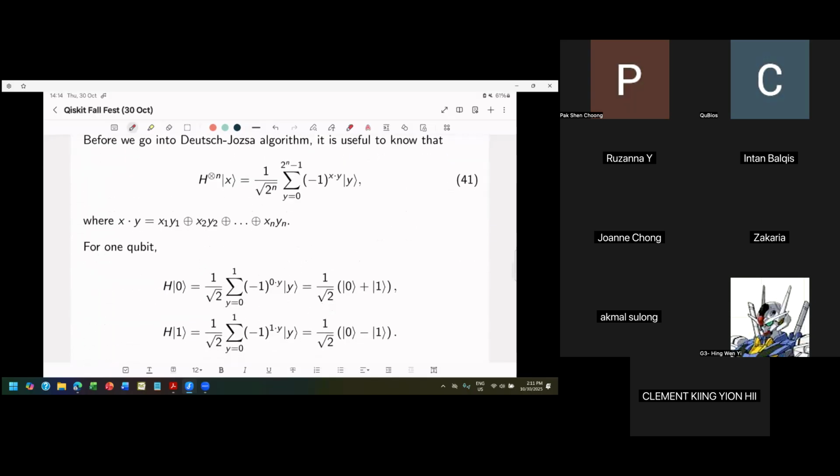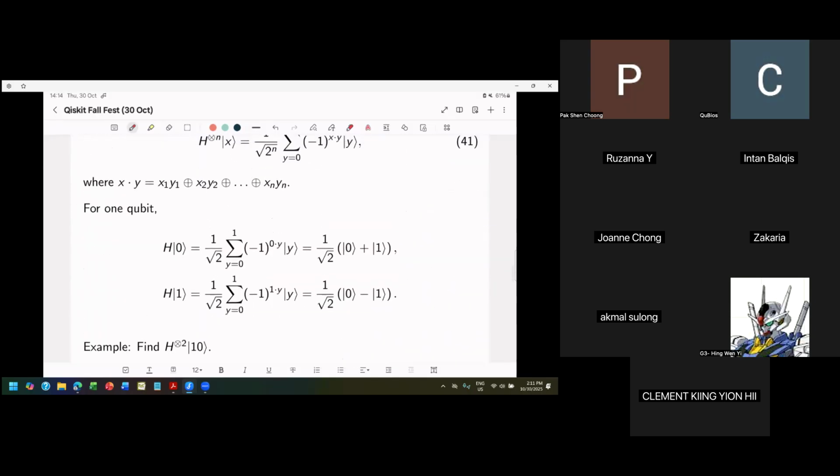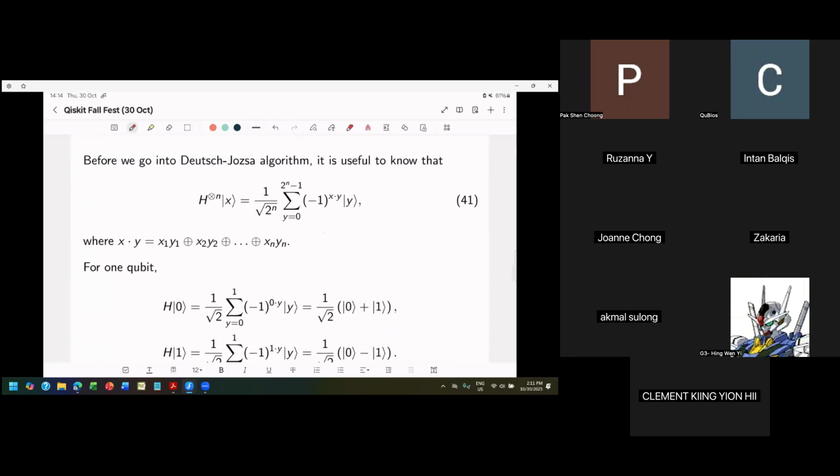Okay, this is quite a long one. So before we go into the Deutsch-Jozsa algorithm, it is useful to generalize a lot more results, particularly on this equation.